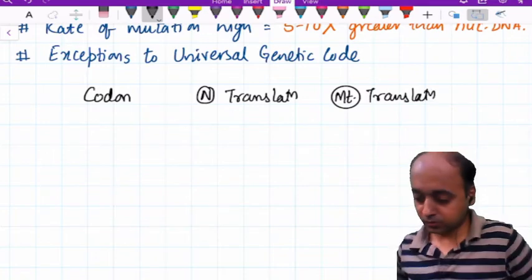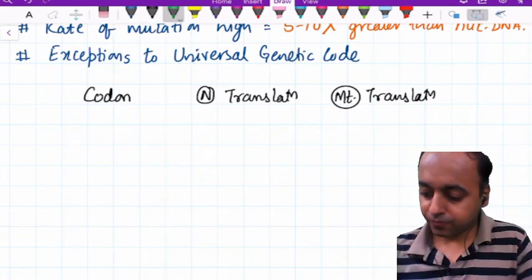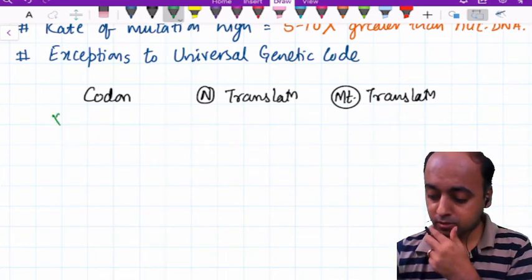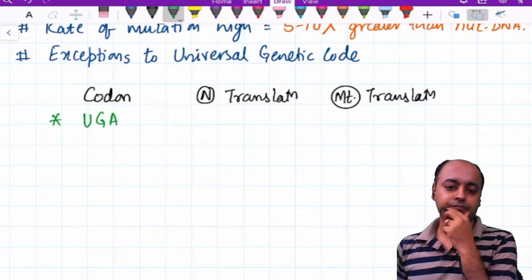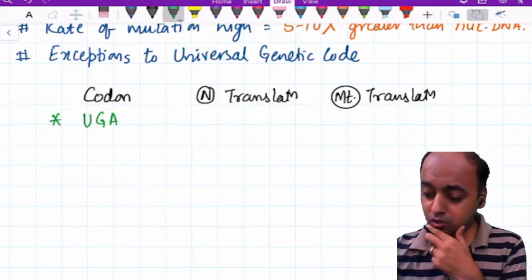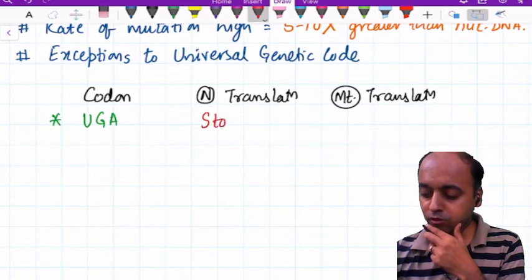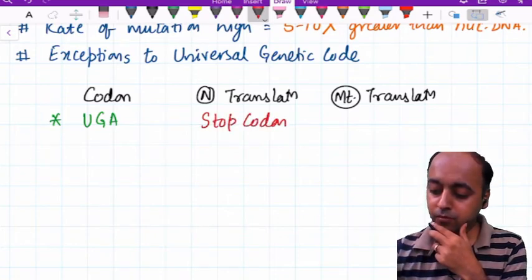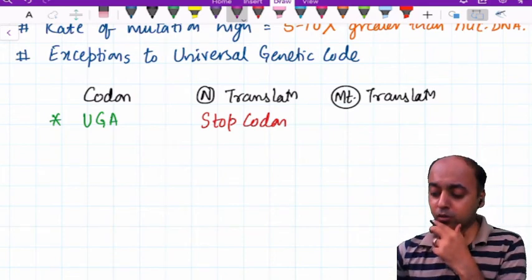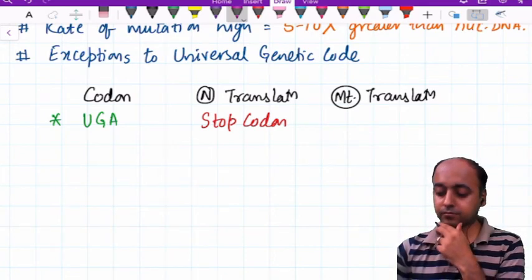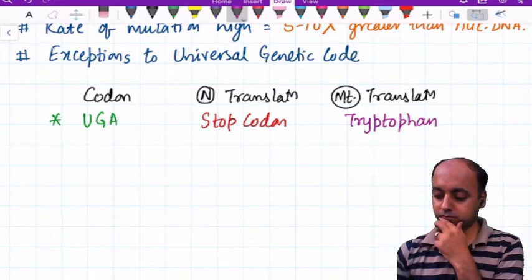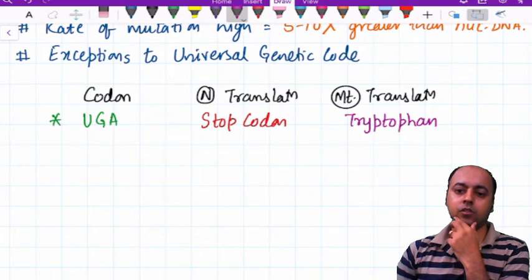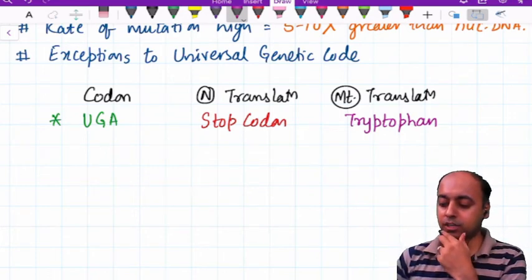So the first codon in this list is UGA. UGA is normally a stop codon. We know this. But in mitochondria, it codes for tryptophan.